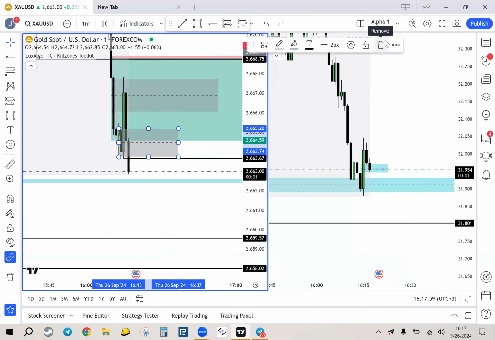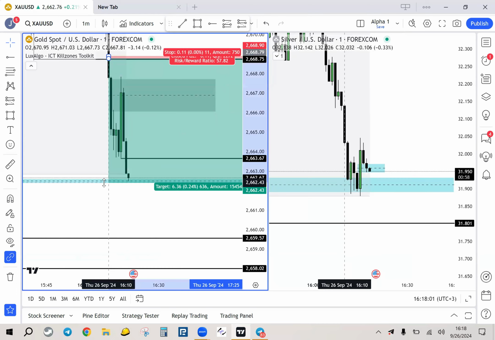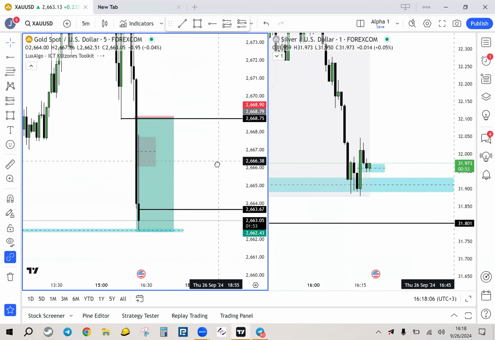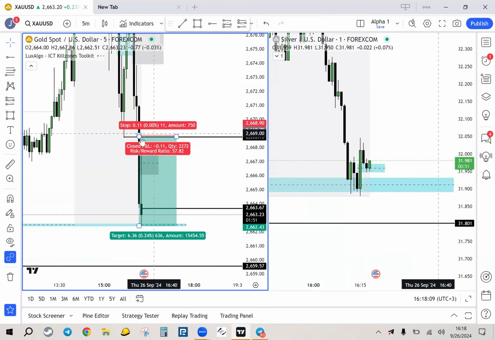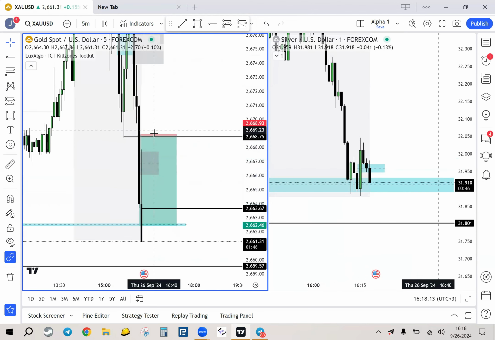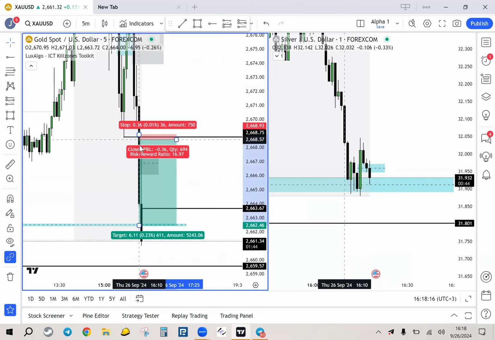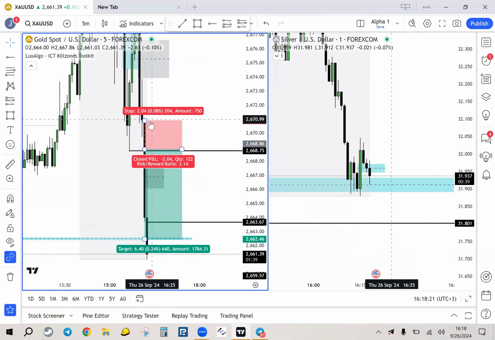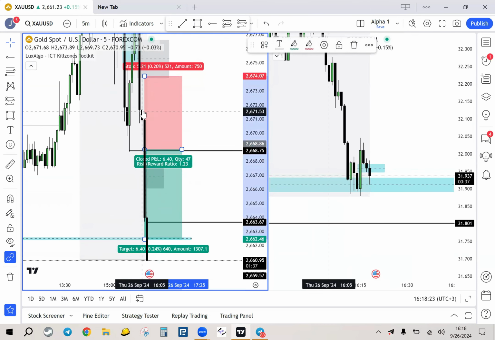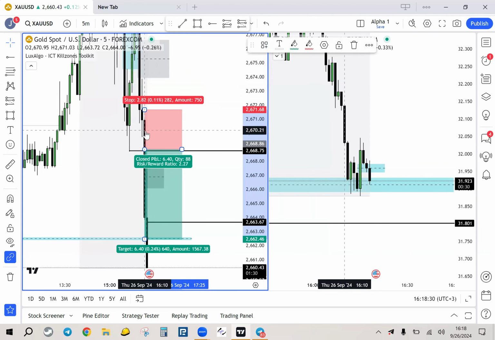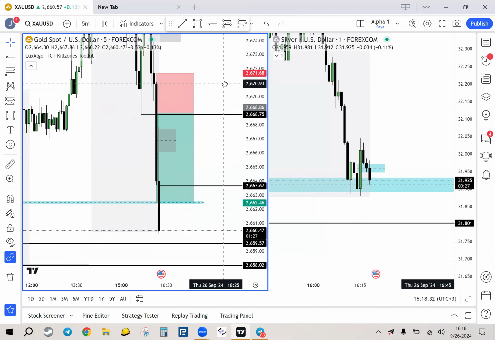The good part is that I want to go back to the 5 minute and see where we initially had our stop loss. Initially we had our stop loss above this 9:05 candle, and then we brought it above the 9:10 candle on the 5 minute.